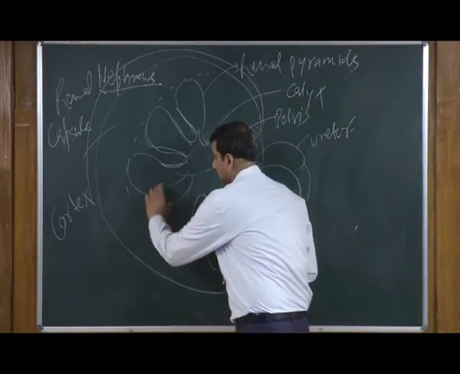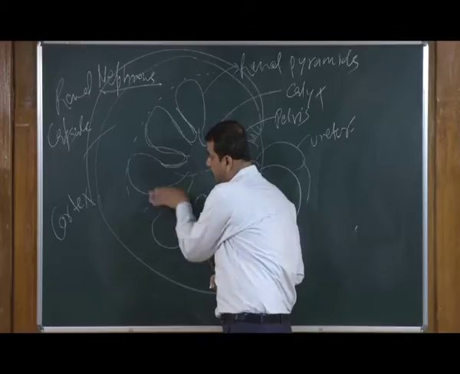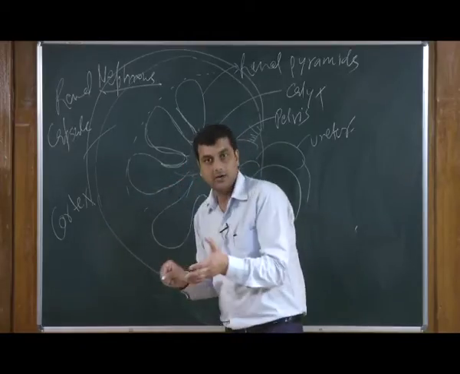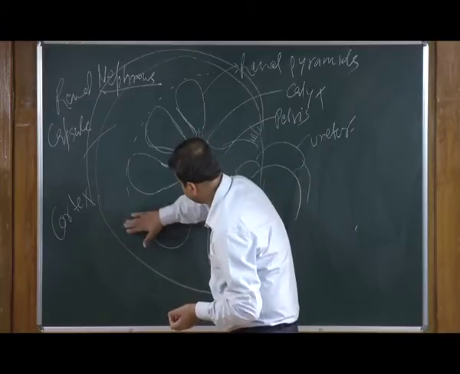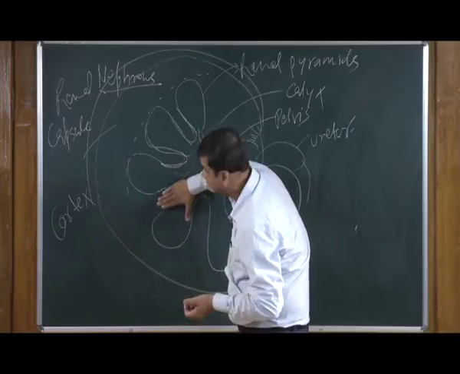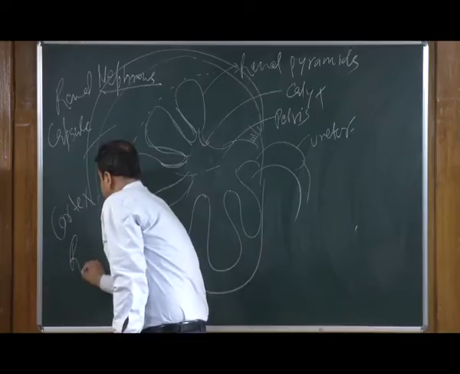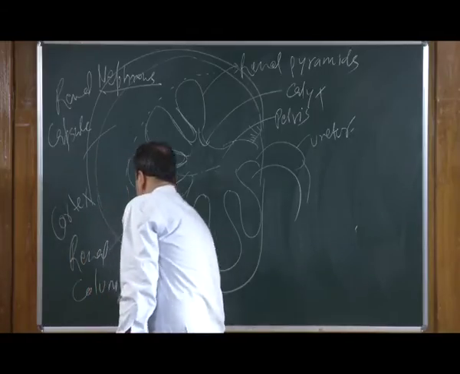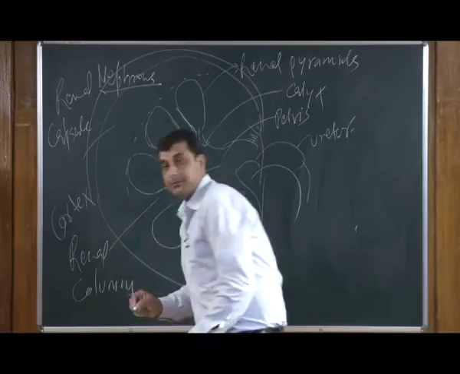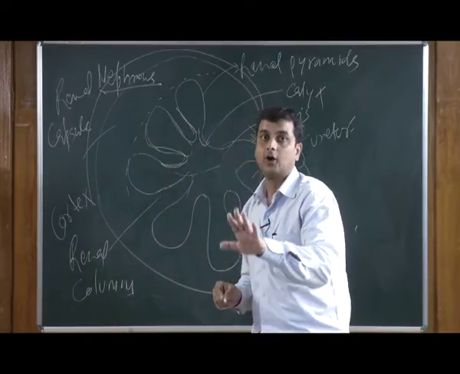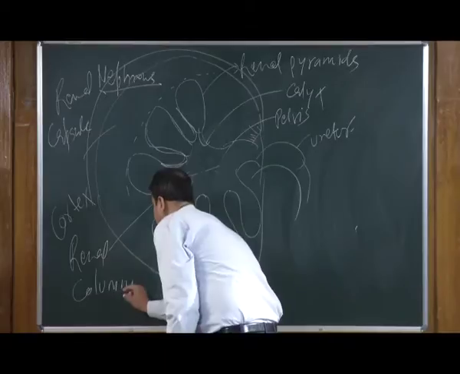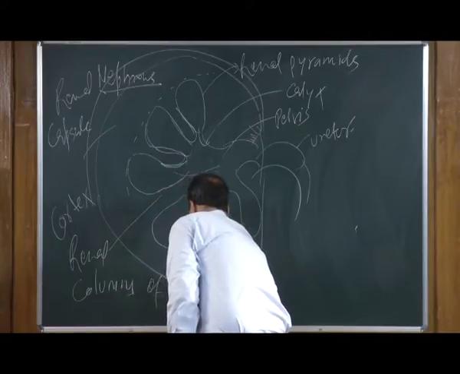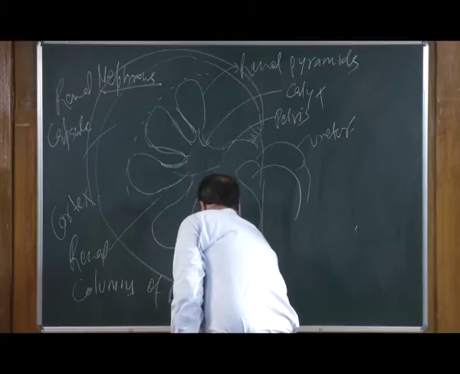Now, these columns which lie in between two pyramids are very specifically called renal columns, because these are columns. They are nothing but the extension of the cortex. These are called renal columns, or sometimes very specifically columns of Bertini.